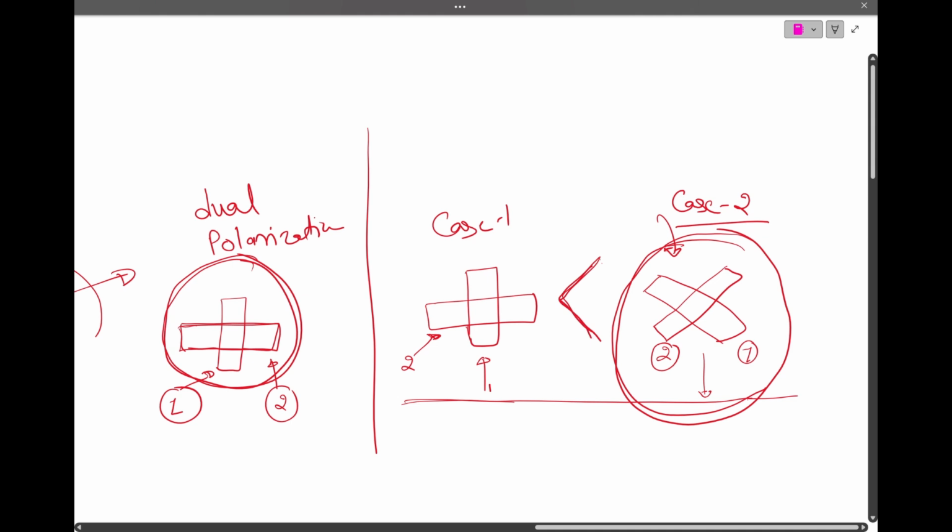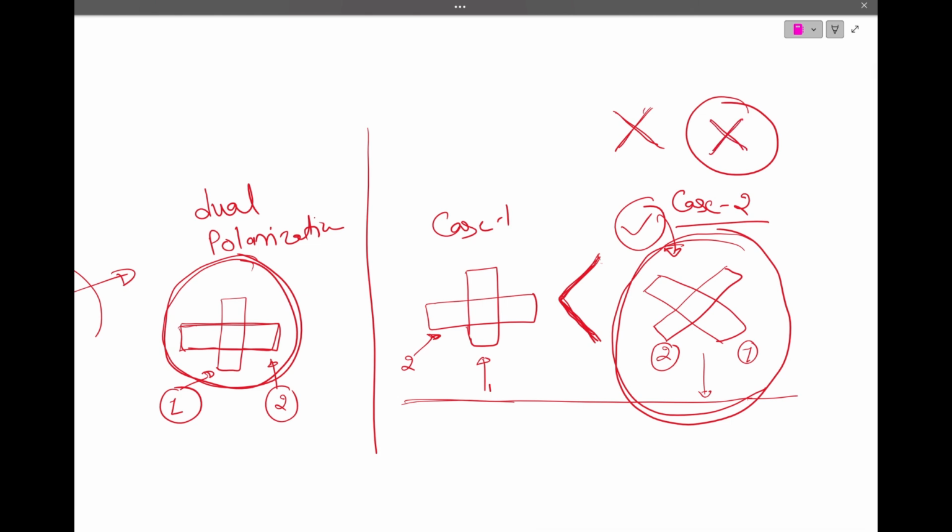So we always place the dual polarized antennas like case 2. This is why you have always seen in different literature antennas displayed like a cross. Basically there are two dual polarized antennas placed like this.